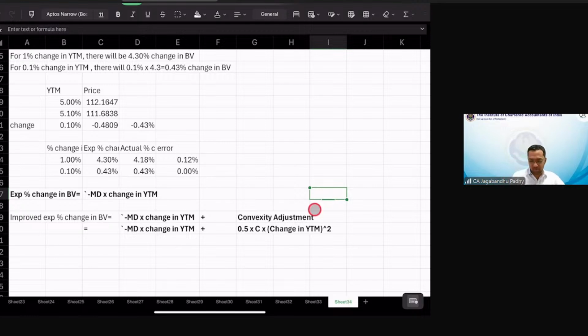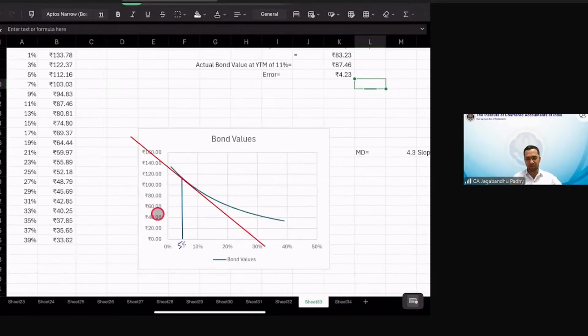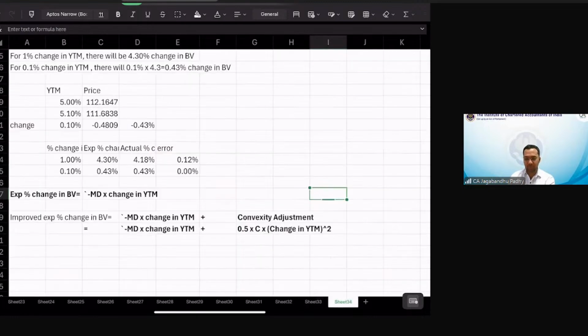So this convexity adjustment is added to bend the modified duration curve. Like this modified duration line, the red line, it's a straight line. We add this convexity adjustment, so there is a bending happening. So this particular straight line takes a little bit of curvature with the help of this convexity.